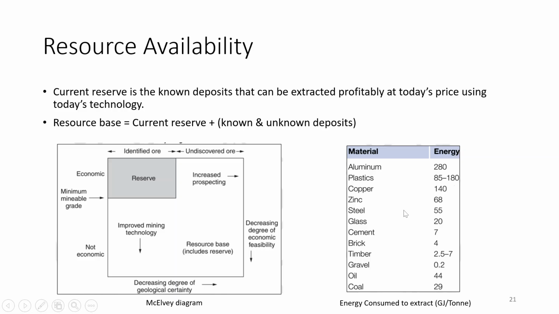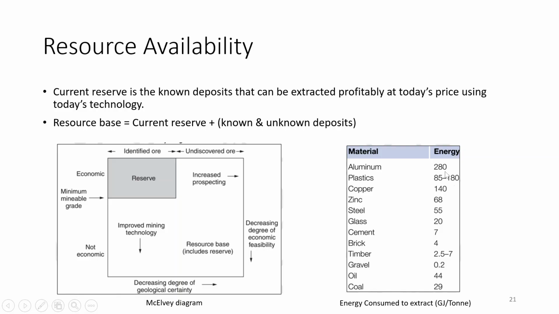These are the materials and their extraction energy, the energy consumed to extract, in gigajoule per ton. One ton of aluminum extraction requires 280 gigajoules of energy.